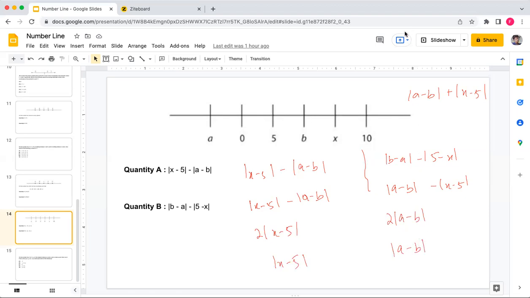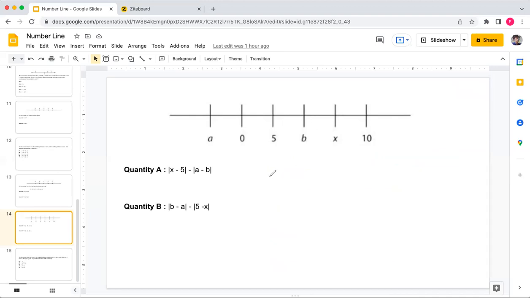Now we just need to compare |X minus 5| and |A minus B|. If you see the number line, this is X and this is 5. So X is between 5 and 10. This means the distance of X and 5 must be less than 5, because the distance between 5 and 10 is 5 and X is somewhere on the left side of 10, so this distance must be less than 5.